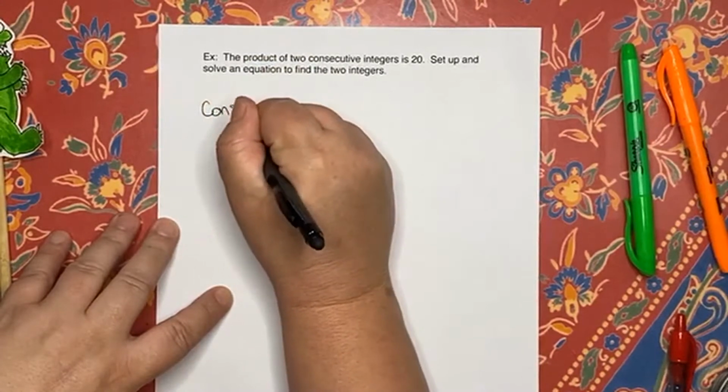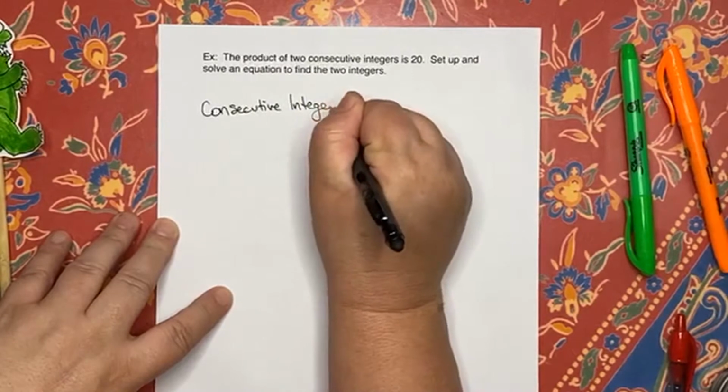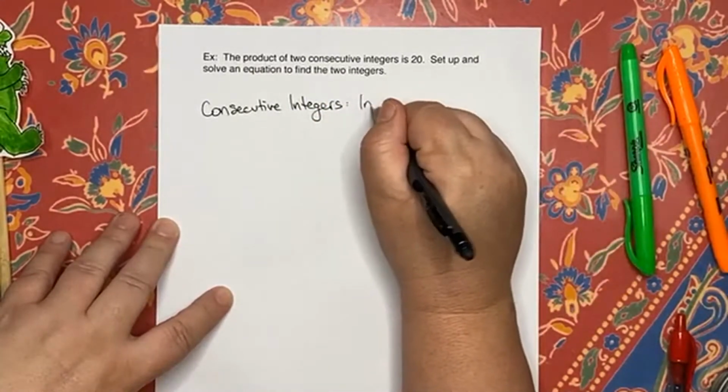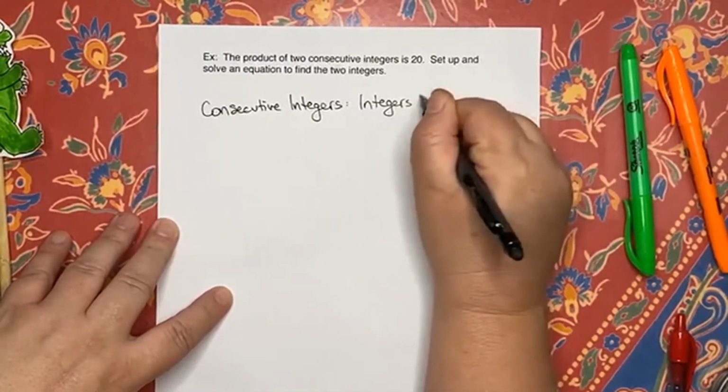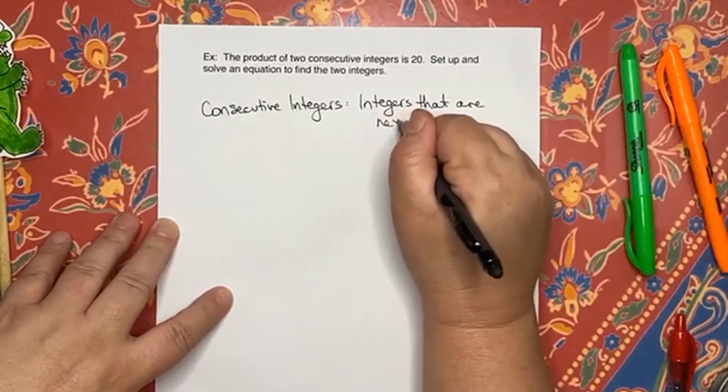Consecutive integers are integers that are next to each other.